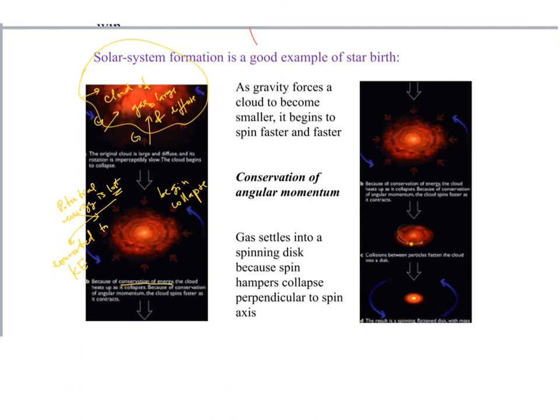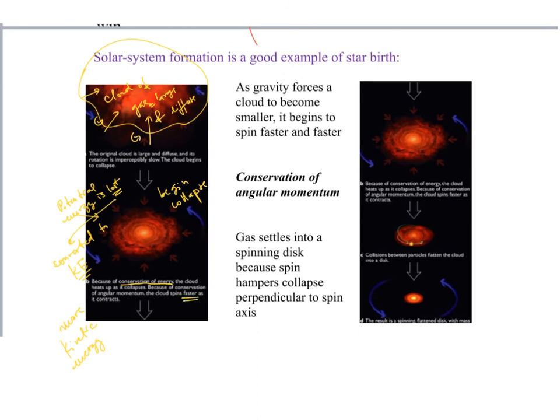Potential energy is lost because the size becomes smaller thanks to the collapse, and the potential energy is directly proportional to just how big things are. It's becoming smaller, so potential energy is converted into kinetic energy. And so the cloud is going to heat up because the particles are moving faster and faster.